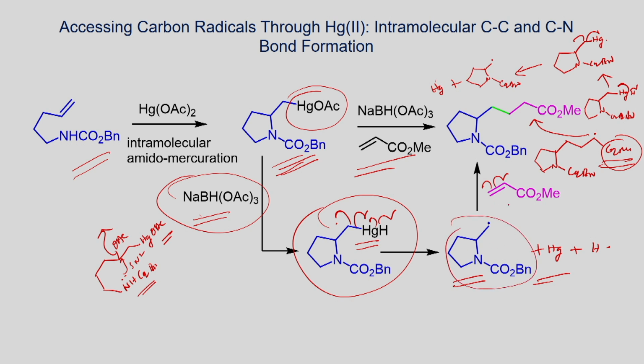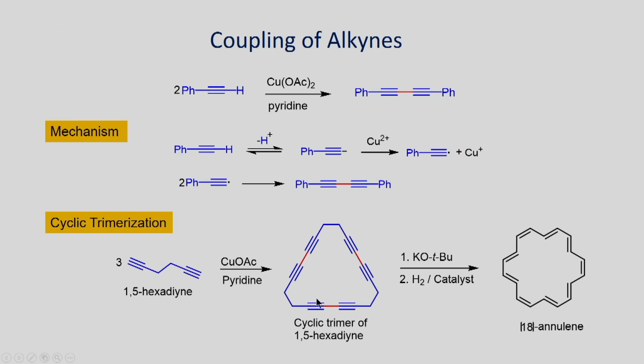Once you have the radical, that can lead to addition reaction with alkenes to give a radical. That radical again can react here. In this way, you will be able to form valuable cyclic compounds. In this, you form first a carbon-carbon bond via nucleophilic substitution, followed by a carbon-carbon bond via radical pathway. Once you form this one, that can be reacted with this intermediate to give this addition product.